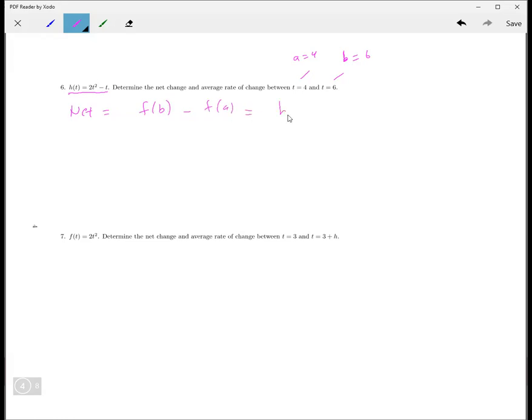So in this case, it's h of 6 minus h of 4. h of 6 would be plug in a 6 into here: 2 times 6 squared minus 6, minus, and then plug in h of 4. Plug a 4 in there, so that's 2 times 4 squared minus 4.